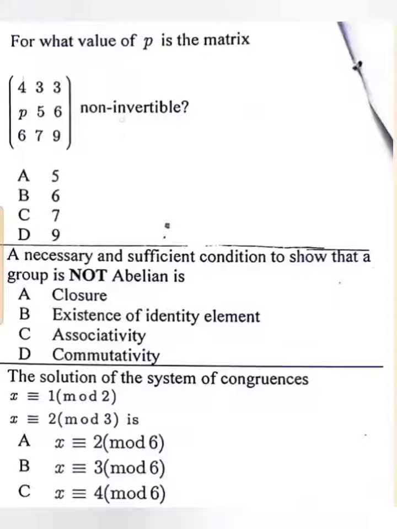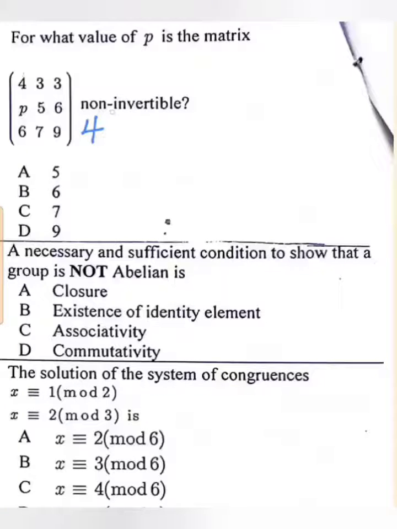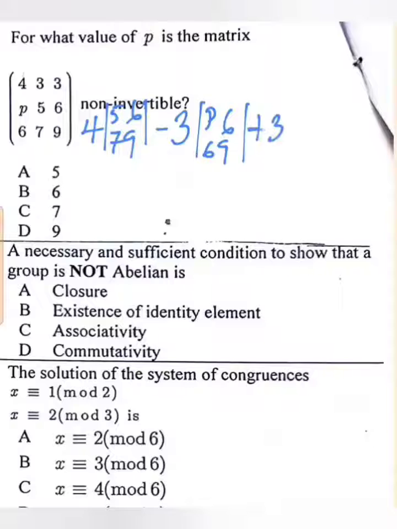Determinant should be 4 times the minor of 4, which should be the determinant of 5, 6, 7, 9, minus 3 into the minor of 3, which is the determinant of P, 6, 6, 9, plus 3 into the minor of 3, which should be the determinant of P, 5, 6, 7.